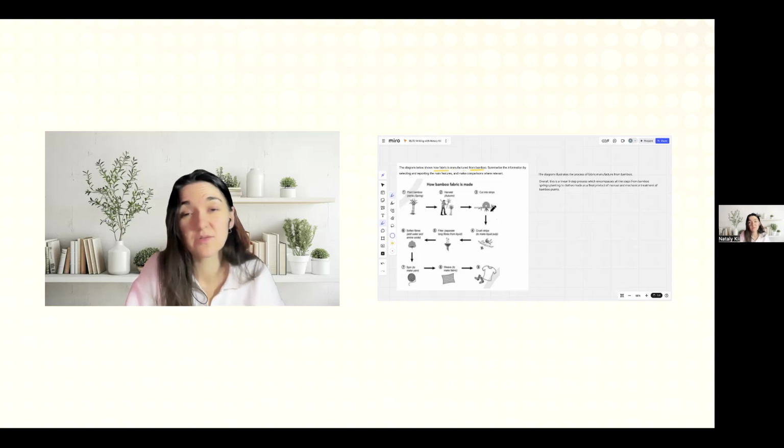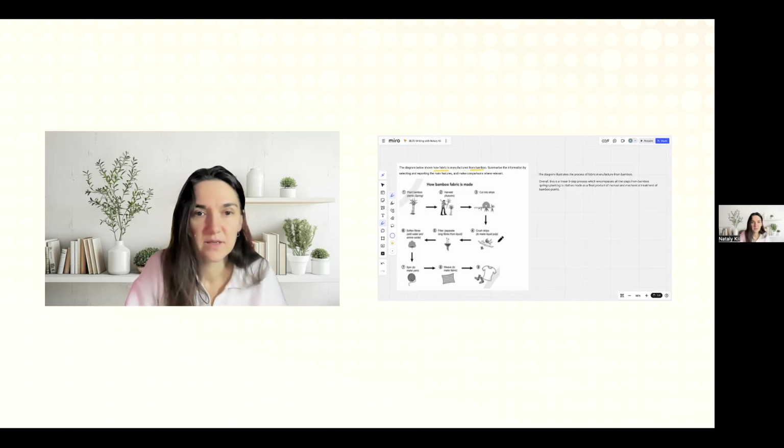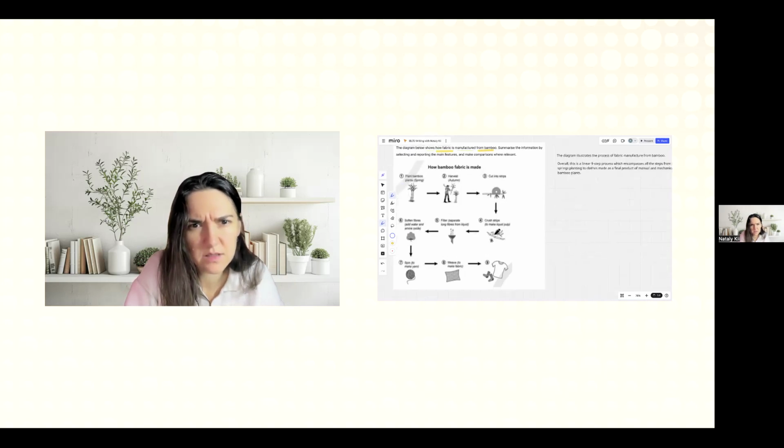If we know the vocabulary to describe that, then okay, we can use it. Then this bamboo, which has been cut, is crushed into strips to make liquid pulp. Then this liquid pulp is filtered to separate long fibers from liquid.